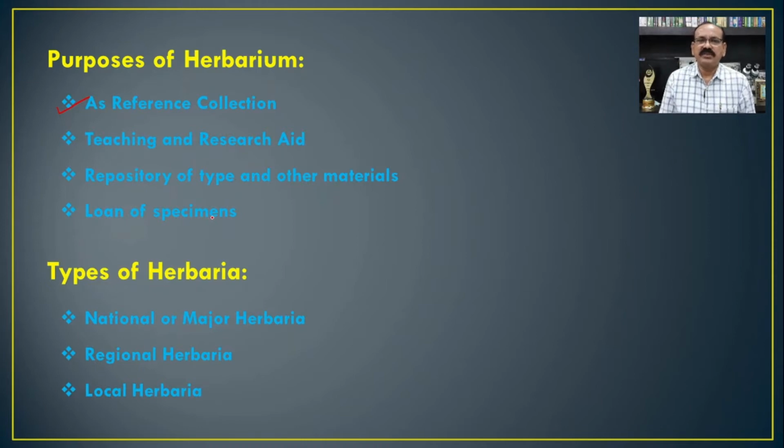And after using the keys in this flora, we have to identify the plants. And after the identification, if we want to see our correct identification, or if we want to verify our identification, then we can use the different herbarium sheets which are available in the different herbaria, and hence it acts as a reference collection.